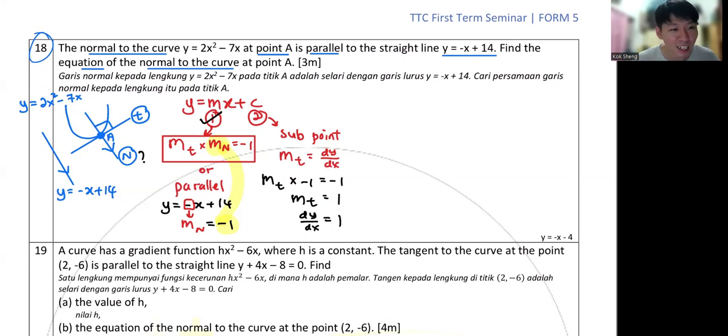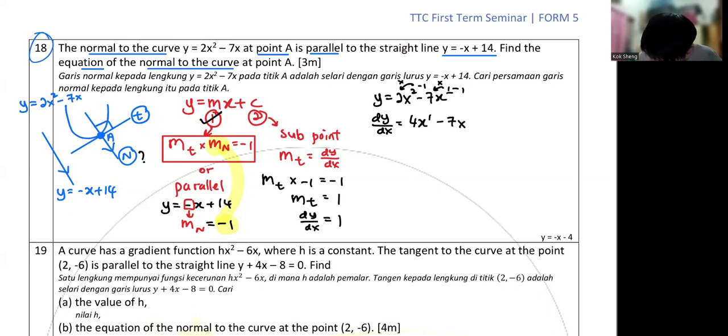Okay, let's go to the curve and do the differentiation. The power times to the front, minus 1. Power to the front, minus 1.